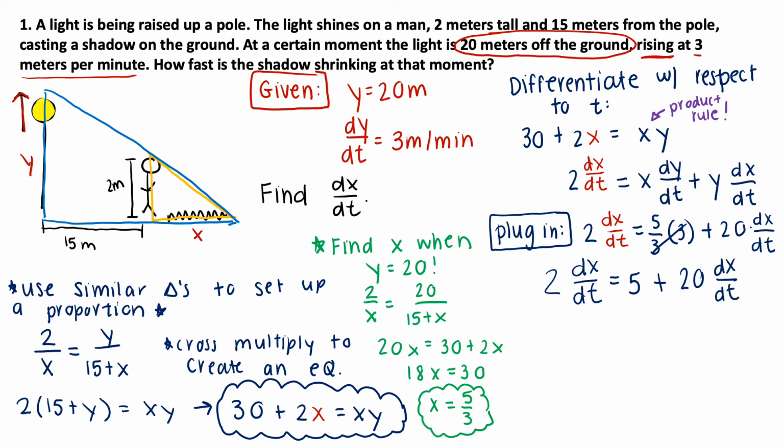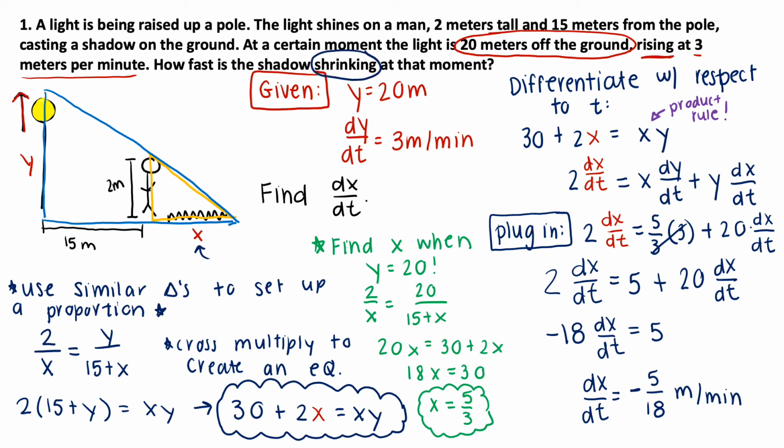Now we can go ahead and move all of our dx dt's to one side, so we get negative 18 dx dt equals 5, and then dividing by negative 18 on both sides, we are left with dx dt equals negative 5 over 18, and now dx dt is the rate of change of the shadow, so that shadow is changing at meters per minute. Makes sense that it's negative because our shadow is shrinking. Again, I apologize about the total mix-up with the x and the y.